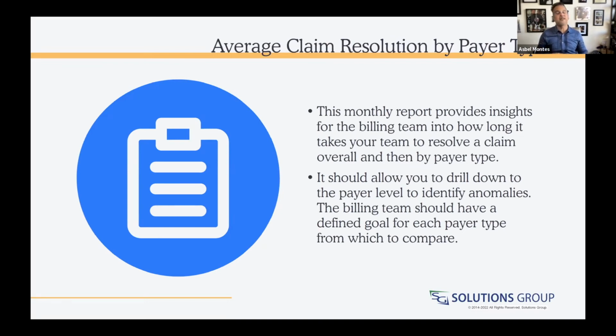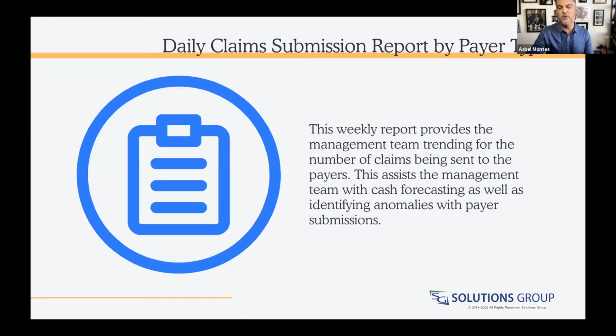There are some where you can get granular, down to the actual representative or individual. So if you want to measure them, have quantity and quality goals. At a minimum though, you should be looking at your average claim resolution. That's typically almost synonymous with your DSO report. It just goes into a little bit more granularity for you.